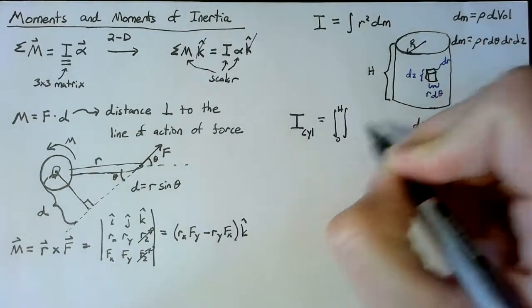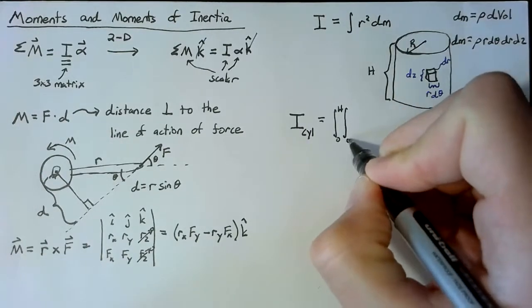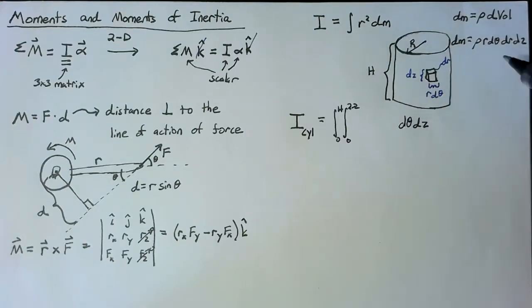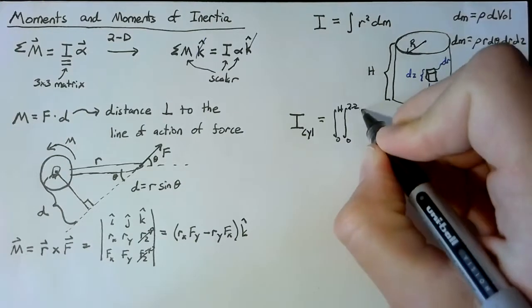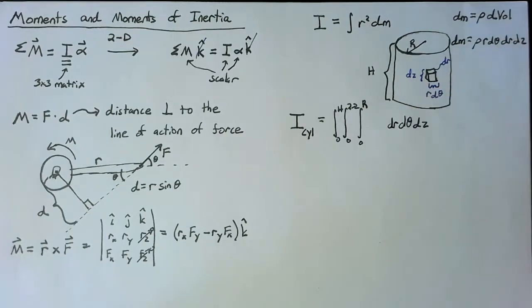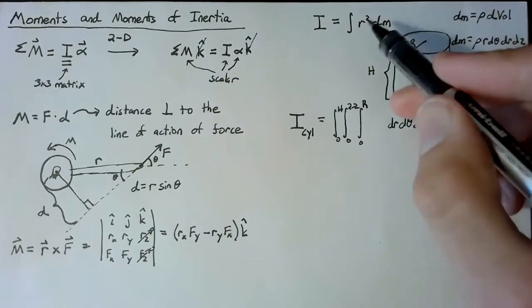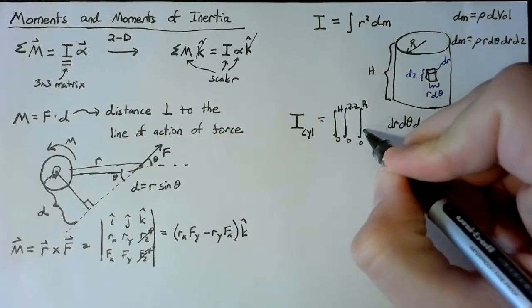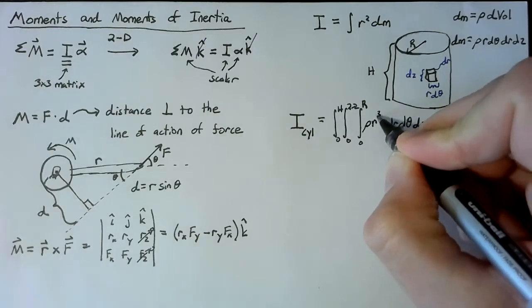We integrate over the angle, the d theta, that goes from 0 to 2 pi. And then finally, we integrate in r. So this is from 0 to this capital R. That's in the dr direction. And we need the r squared here, we need the rho over here, and we need this final r. So we'll end up with rho r cubed.